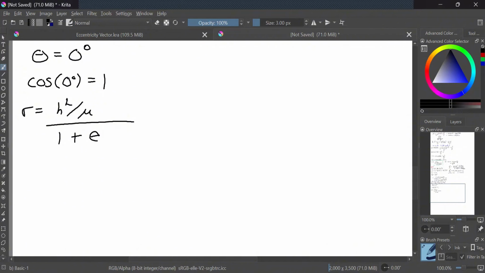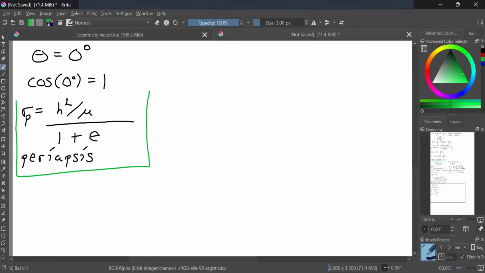If cosine is 1, that is the largest it is ever going to be, which means this is the largest the denominator is ever going to be, and our numerator is a constant, which means this is the smallest radius that we are ever going to see. We will call that periapsis, and denote it as R sub P. Box that in for us.